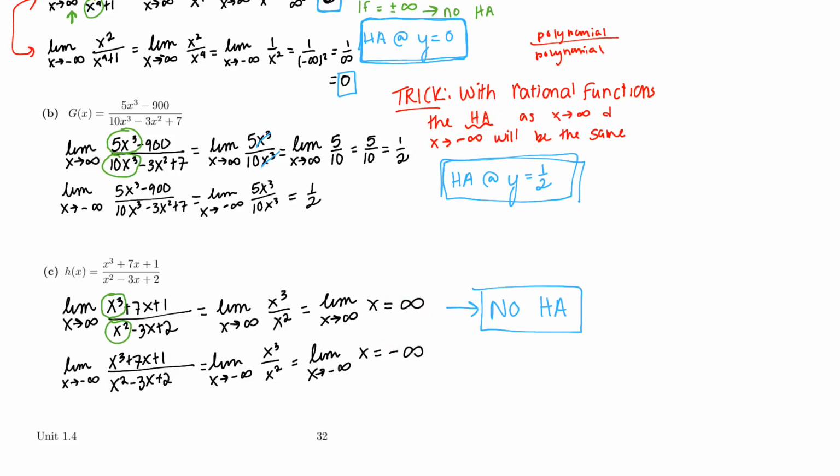So that's why that correction needs to be there. Questions on any of those horizontal asymptote problems?